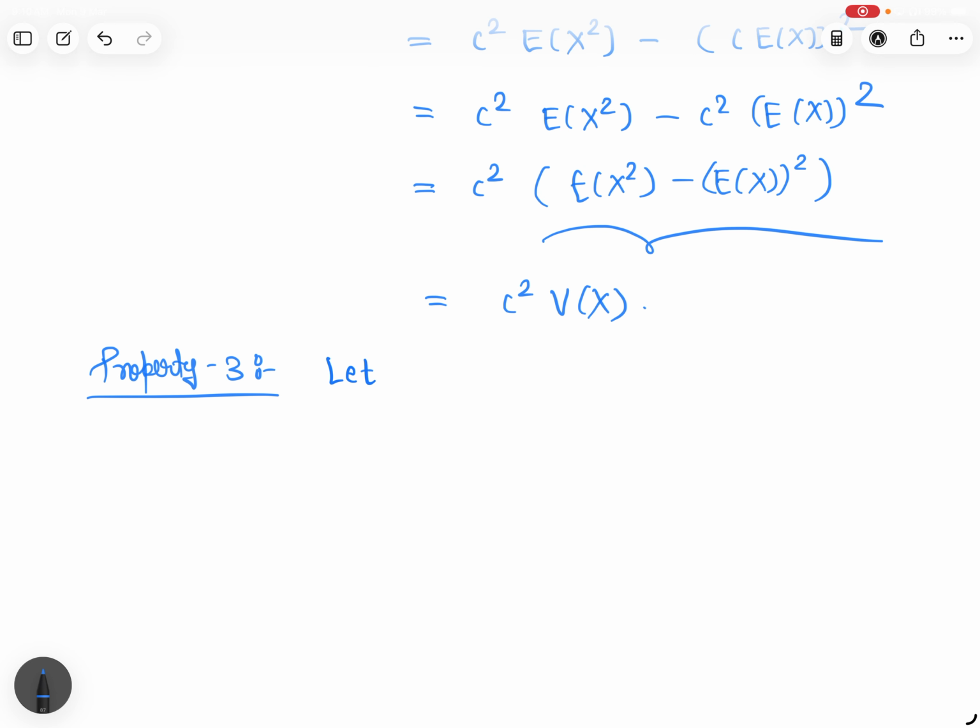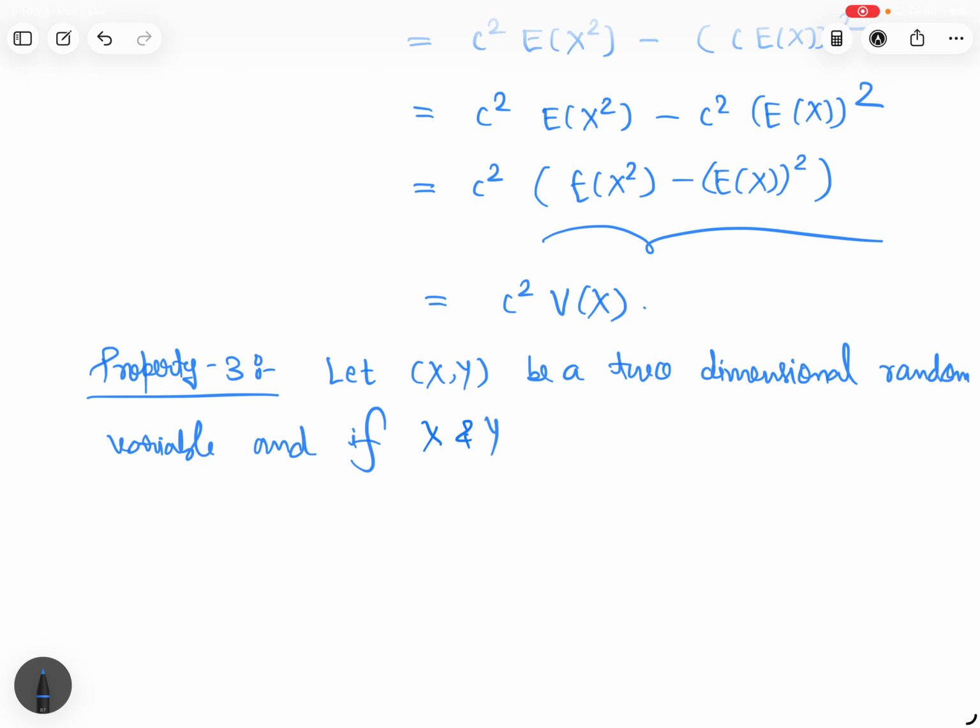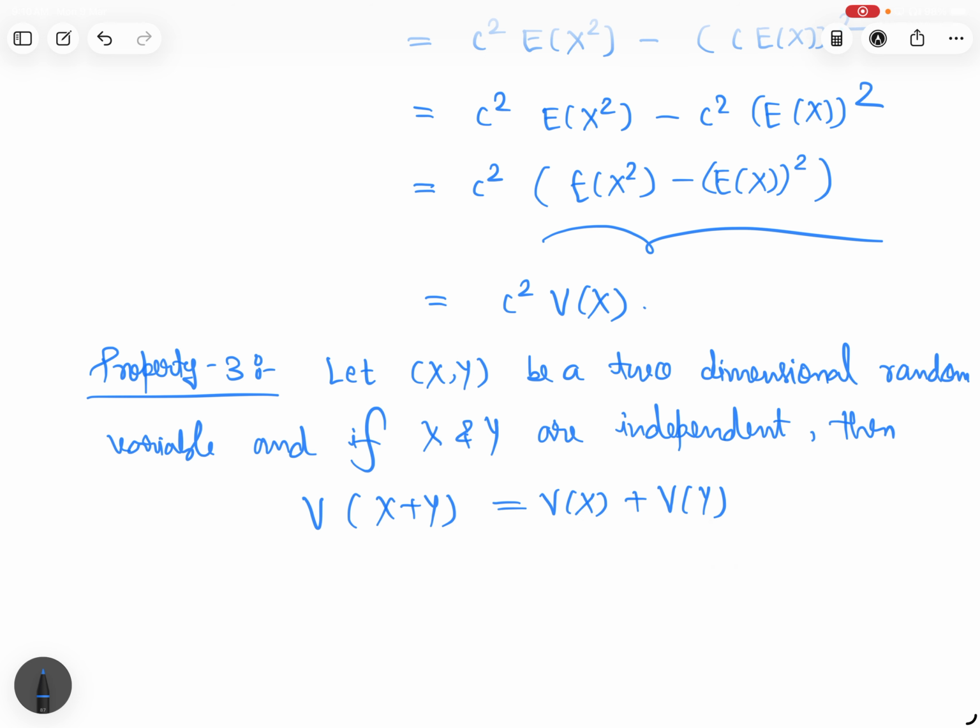Let (x, y) be a two-dimensional random variable, and if x and y are independent, then variance of x plus y is equal to variance of x plus variance of y.